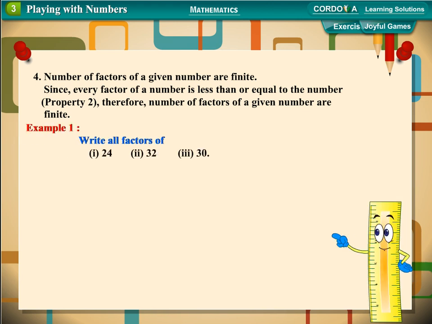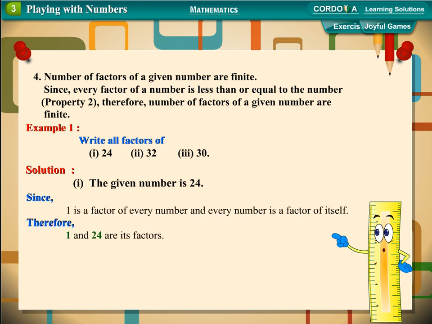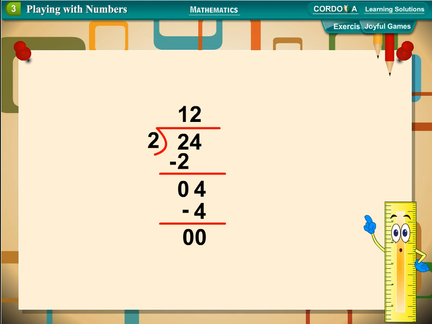Example 1. Write all factors of 24, 32, 30. Solution 1. The given number is 24. Since 1 is a factor of every number and every number is a factor of itself, therefore 1 and 24 are its factors. If we divide 24 by 2, the quotient is 12 and remainder is 0.